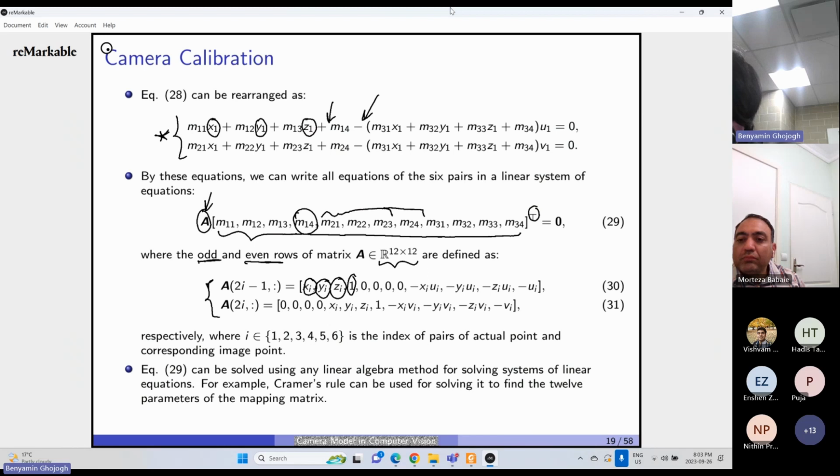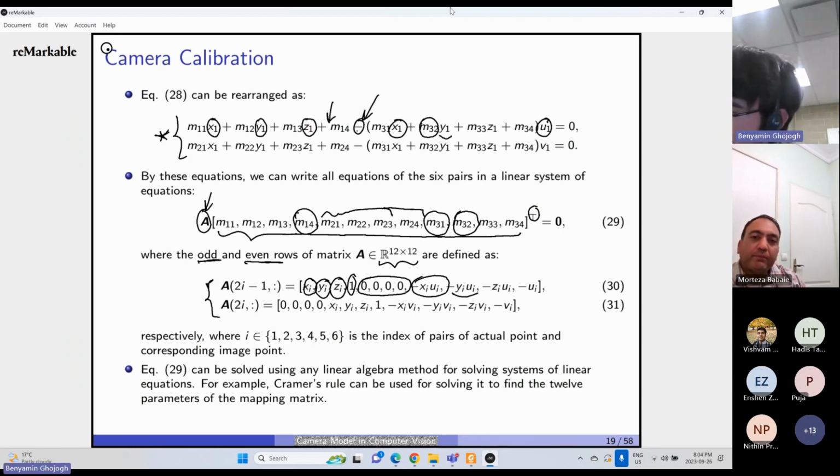Also M24, its coefficient is 0 in this equation. What about the rest? For M31, its coefficient is minus x1 u1. For M32, its coefficient is minus y1 u1. Likewise, for M34, its coefficient is minus u1.